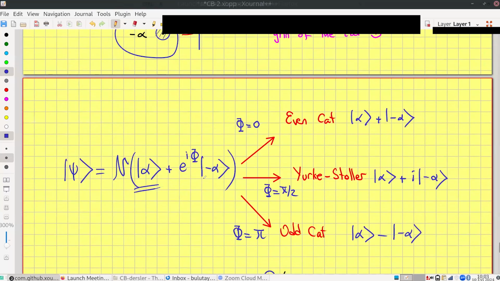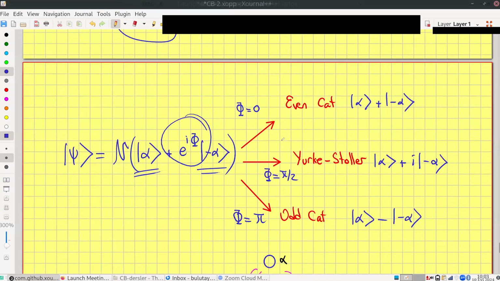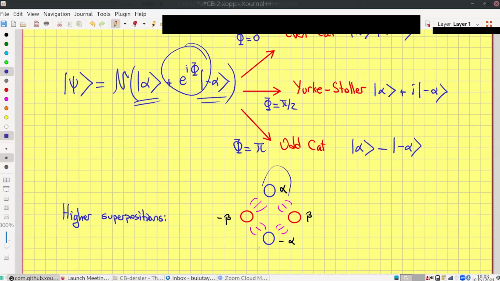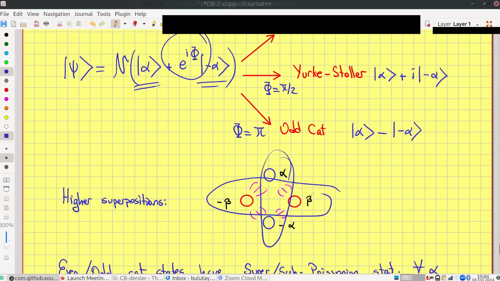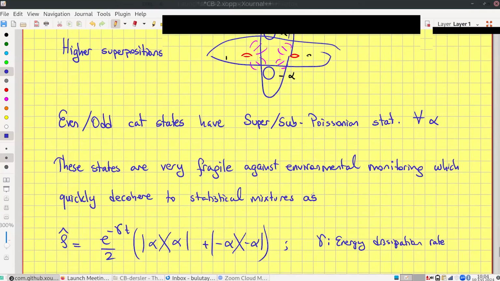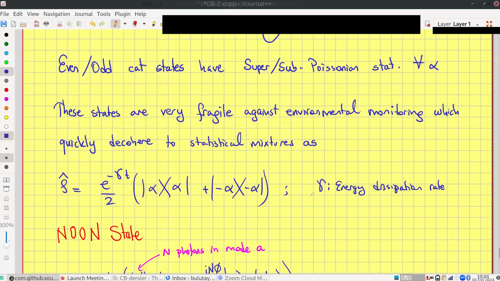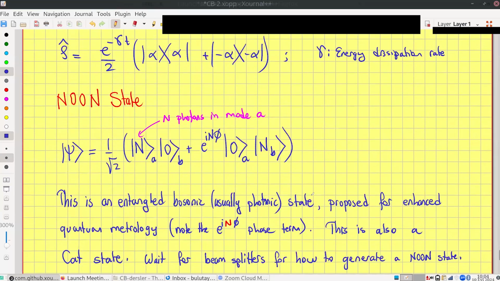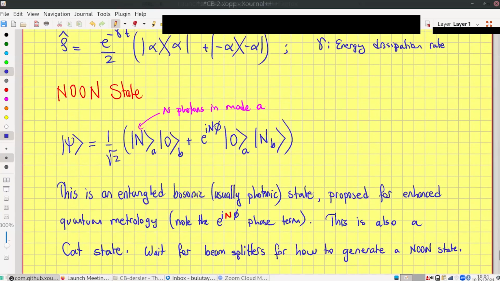Okay, this guy plus this guy, preserving this phase, and you can produce so-called cat states, but they are very fragile, and you can even produce superpositions of superpositions, such higher order cat states. But as I said, you cannot protect them long enough against the environmental agitations.